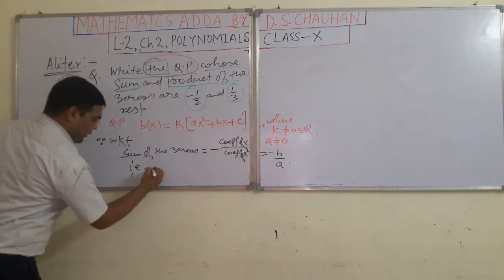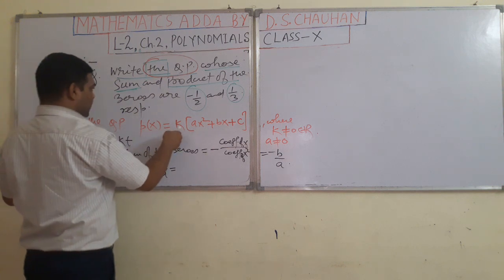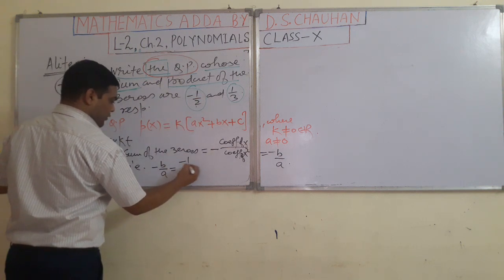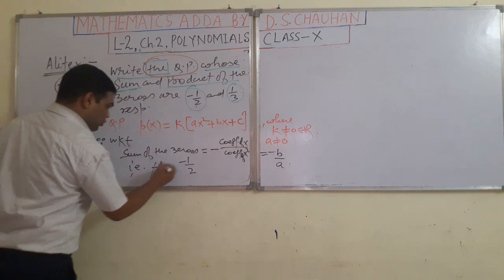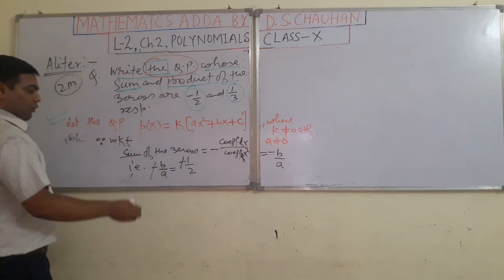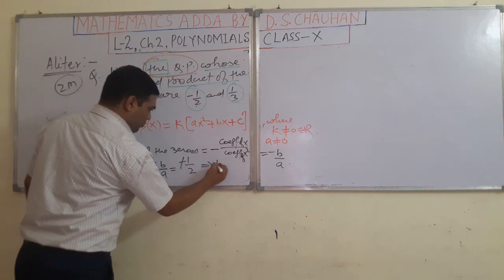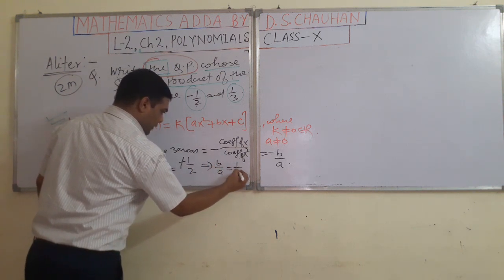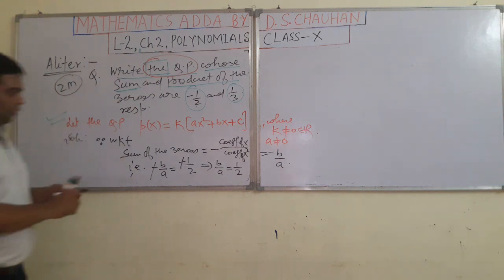So we have minus b upon a equal to -1/2. Now here minus and minus will cancel. You have b upon a equal to 1/2.